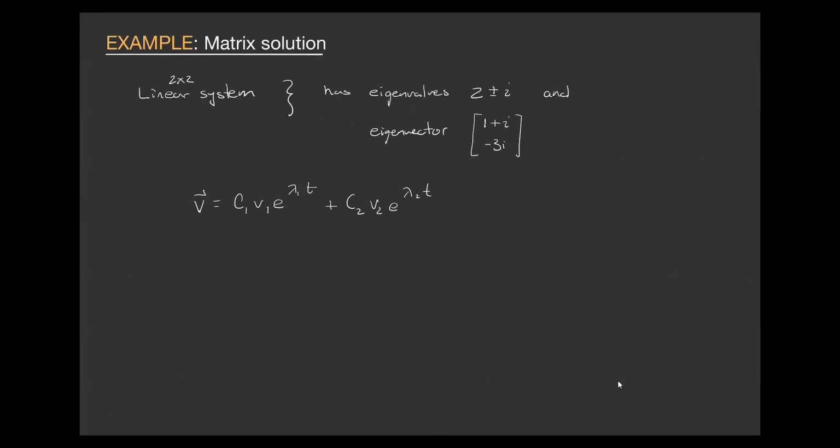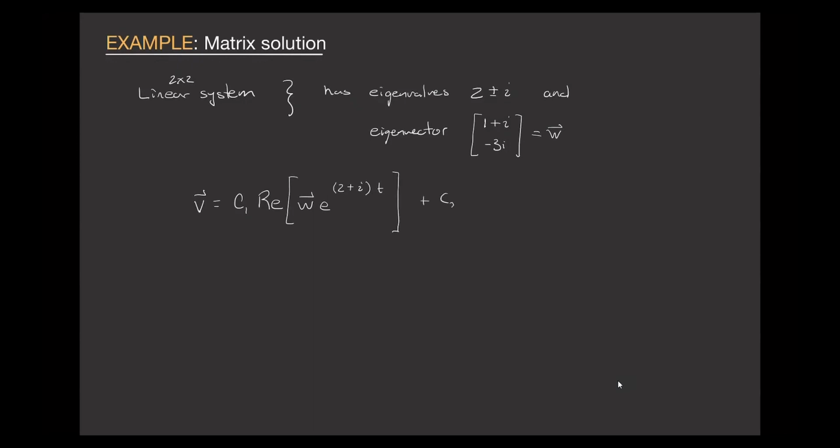What you can alternatively do is the following. Instead of writing it like this, you can write it in a real way where you'll be devoid of any imaginary parts by saying, take the real part of W, as I'll call it quick, times e to the 2 plus i times t.